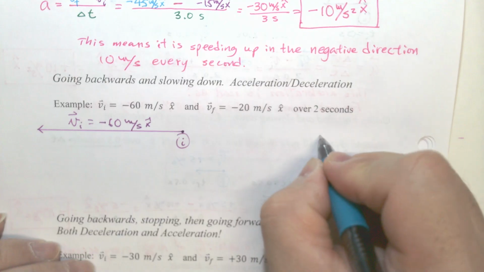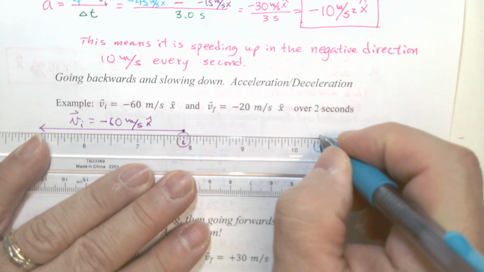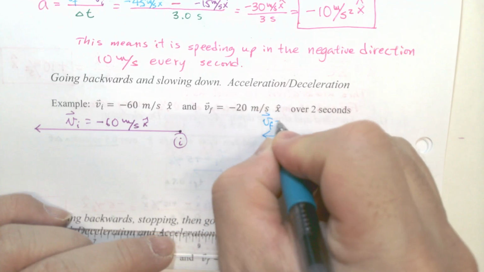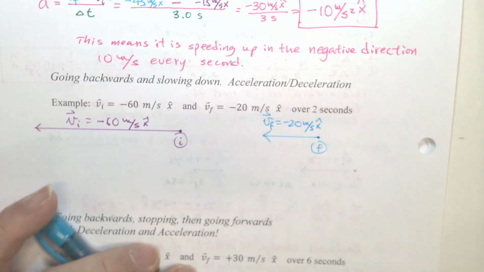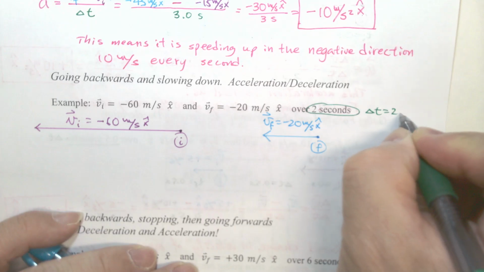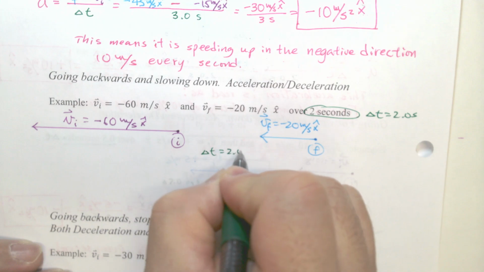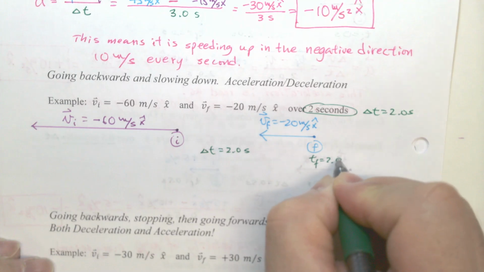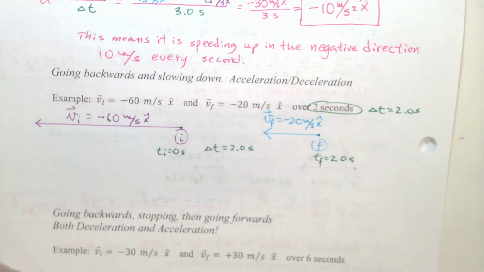And our final condition happens to be negative 20, so our V final is negative 20 meters per second x hat. And of course our delta t is equal to 2.0 seconds, so t final is 2 seconds, t initial is 0 seconds.